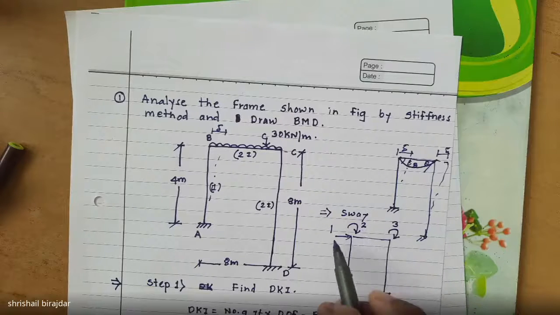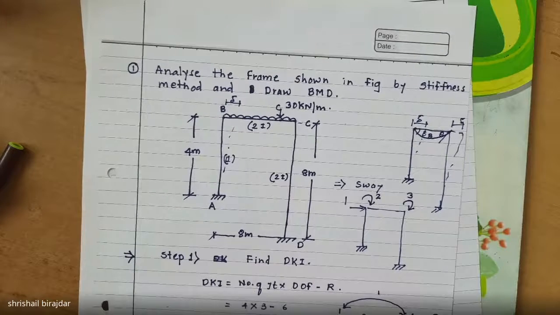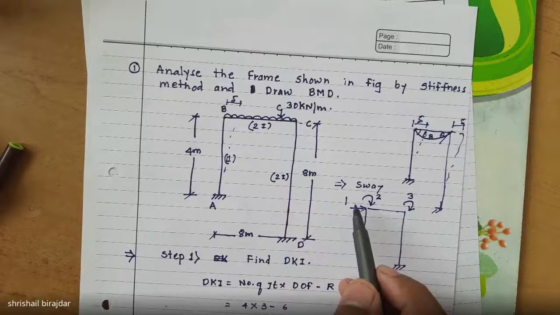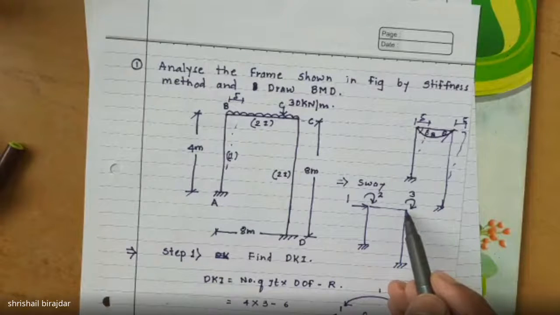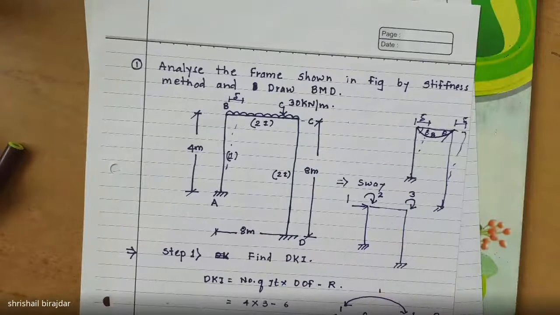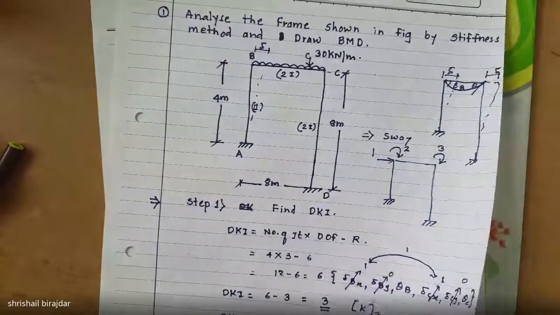With the help of this particular coordinate, we can get the unknowns. For getting the deflection delta, once again I repeat, you need to apply a unit displacement here, or a unit rotation at this particular location. And for this unknown theta C, we have to rotate this particular point with the help of a unit rotation. So these are the constraints which we want to add in this particular figure.